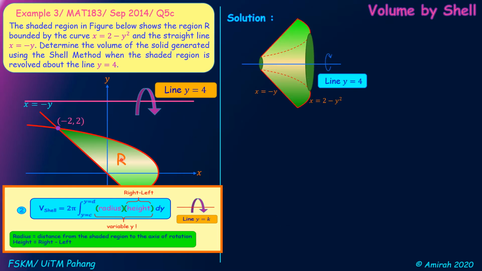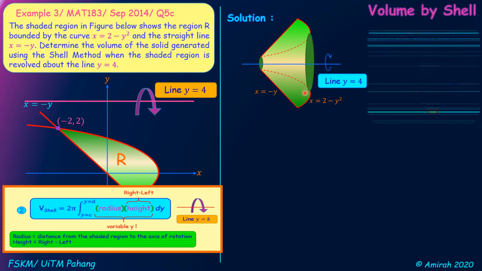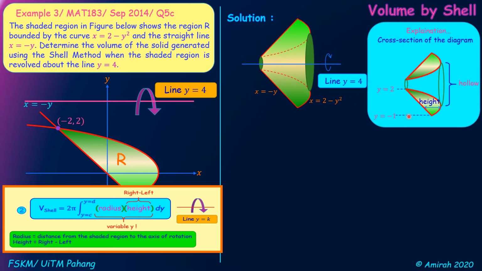Alright, after the shaded region here is revolved about this line, we get this diagram. This is the cross section of the diagram. From the shaded region and the axis of rotation, there is a gap between the shaded region and the axis of rotation.